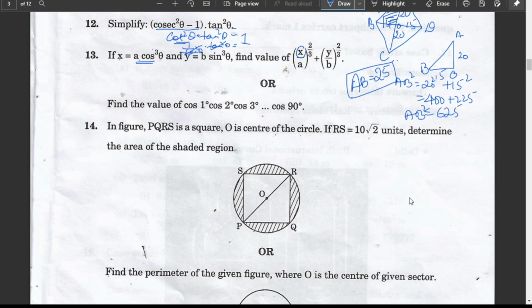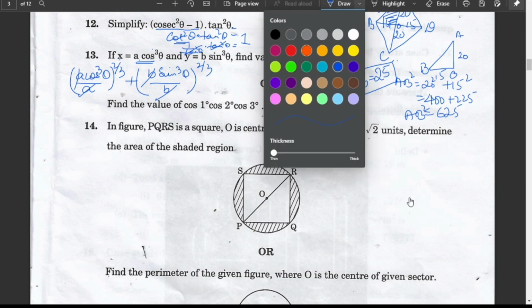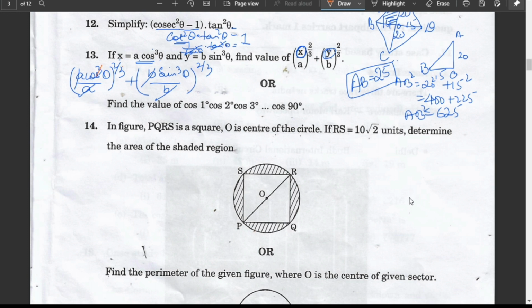So in place of this x, substitute a cos cube theta divided by a, to the power 2 by 3, happy moment, cancel, plus y is b sine cube theta divided by b, then to the power 2 by 3, cancel b. Now one more thing, cancellation you can do here, check out. Cube and 3, cube and this one cancel.